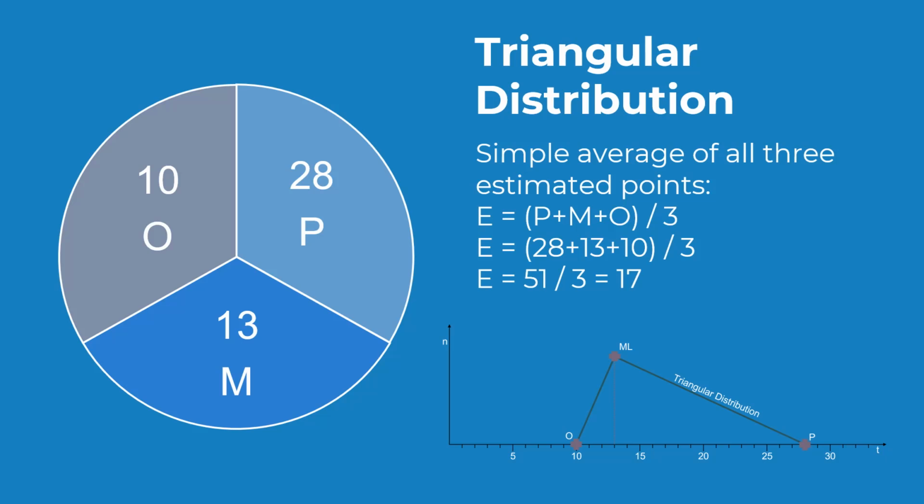Looking at this graph here, I should point out the pie chart here is not meant to show different sizes for different estimates, but to show an estimate of effort divided by 3. In other words, the triangular distribution assumes that all 3 estimates weigh equally.